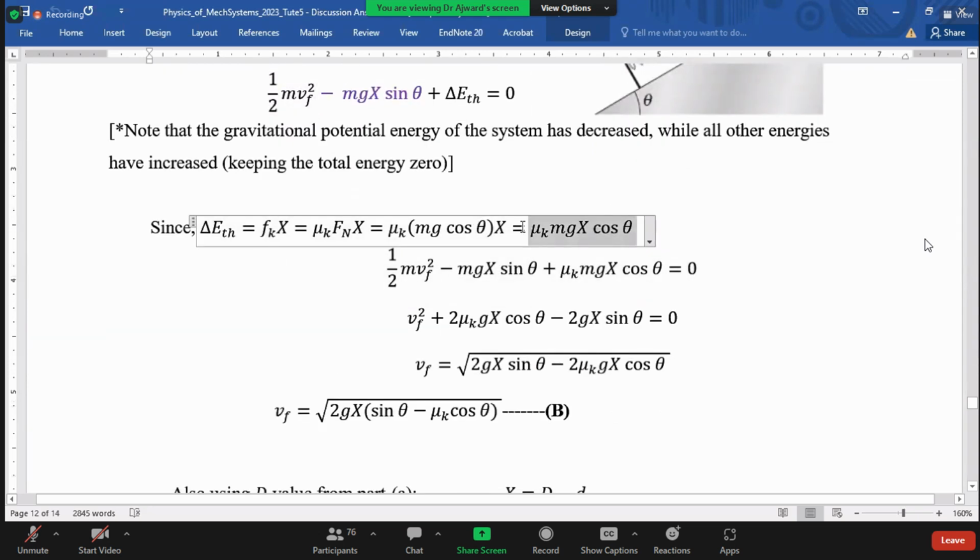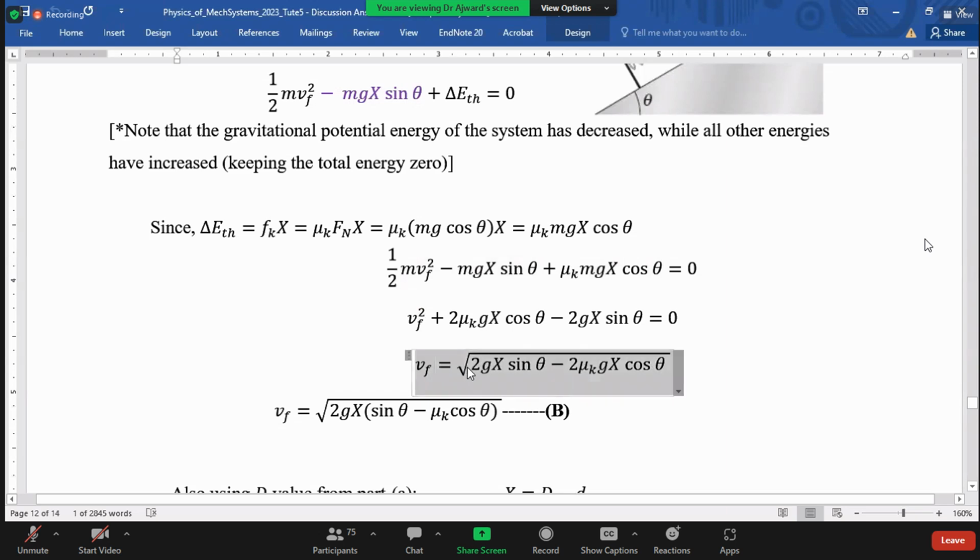And here you get the similar equation for the thermal component. Instead of capital D, you have the capital X. Get that equation and you can find what is the V squared, and that's the final speed.